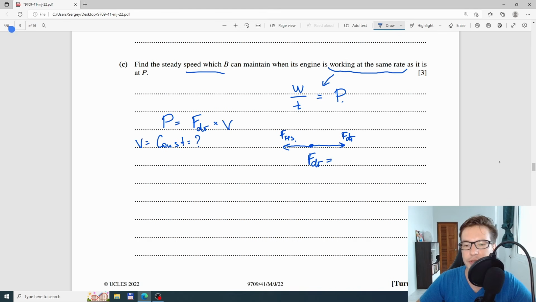Driving force equals force of the resistance. Do we know the force of the resistance? Yes, it is 1,200 newtons, so the power is going to be 1,200 times the constant velocity which we are looking for. Now, let's think what happens at point P.